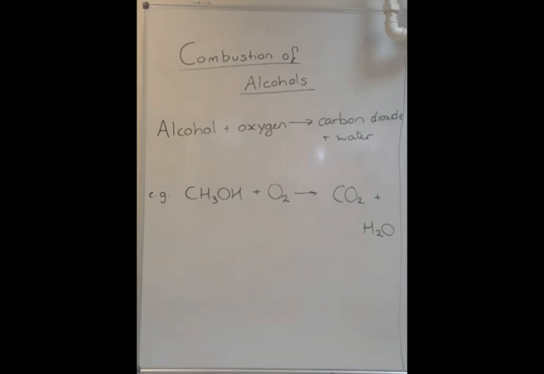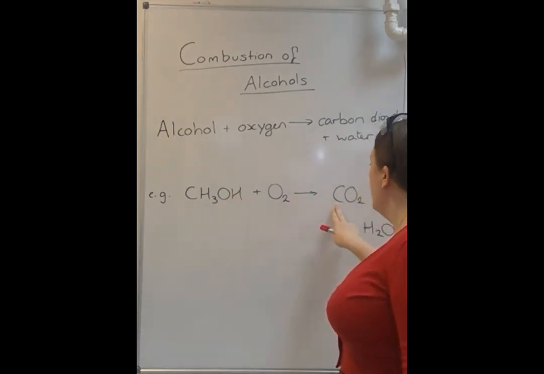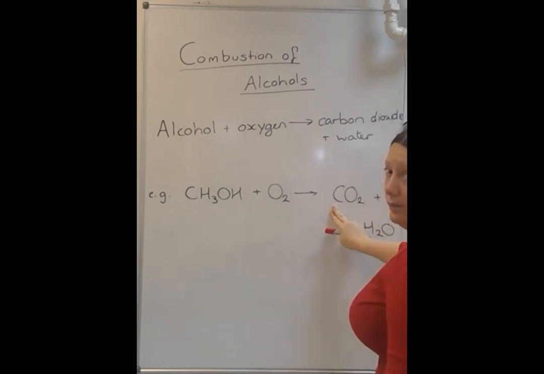So the first thing we're going to do is balance this equation. First thing that we're doing, we're looking at the number of carbons on both sides of the equation.